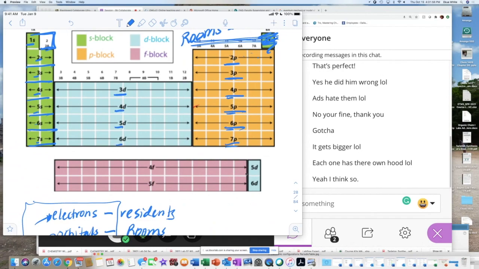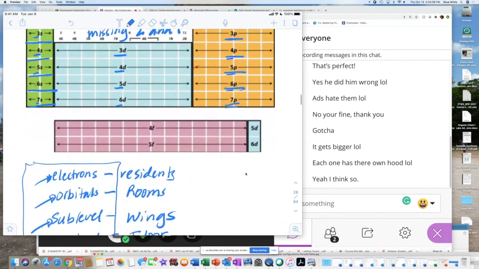And the D wing is missing a 2 and a 1. So please notice the D is missing energy level 2 and 1.